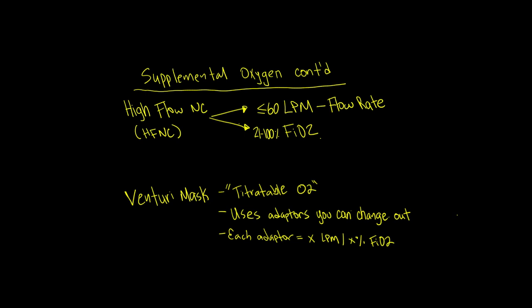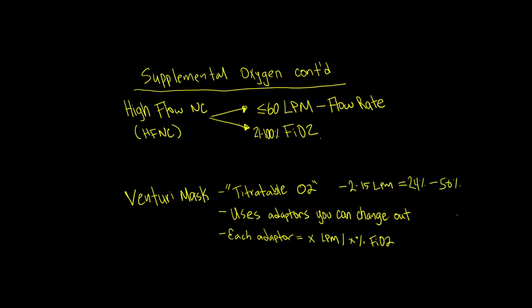If you want to achieve 50% FiO2, you need to crank up the liters per minute up to X amount of liters per minute. So this one is pretty much an oxygen mask that you can titrate the oxygen up or down on before moving on to a non-rebreather if your needs exceed that of the Venturi mask.